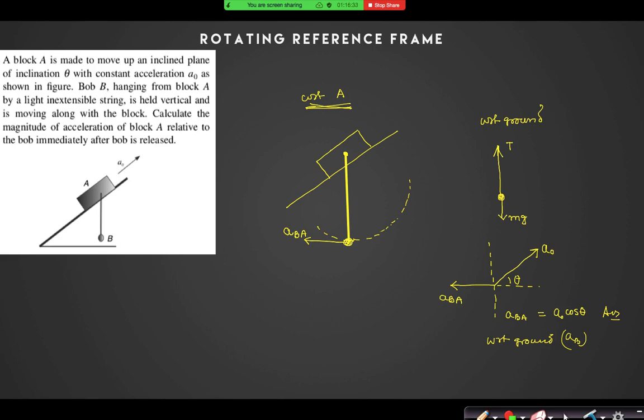At this instant, how can we tell that the acceleration of A is also A naught? It is given that the acceleration of A is constant. Sir, but when B is released, then A naught will change because the tension is there, and that component of tension will also be along A. But who said that the force on A is not changing?